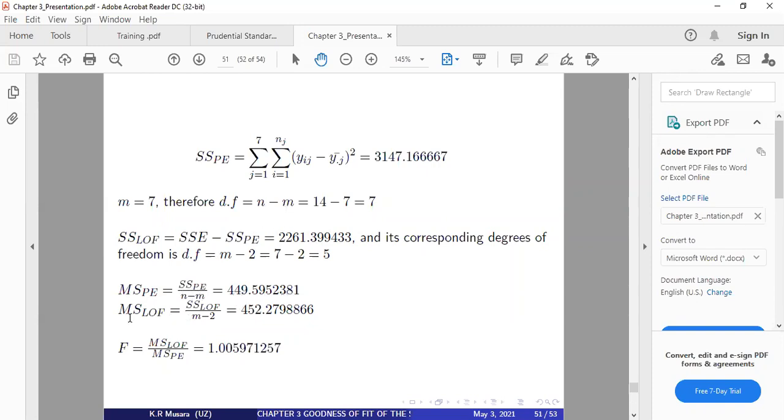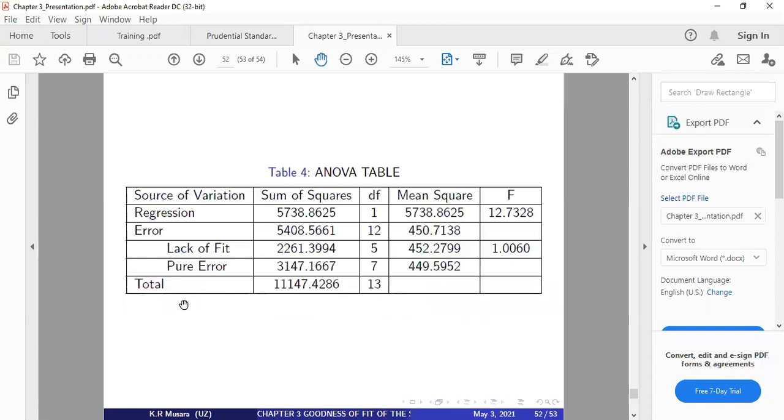Then mean square lof, you divide SS lof by m minus 2. Then F is MS lof divided by MS pure error, you get 1.00. That's the one for lack of fit. Then you construct the table that includes the ANOVA table for the regression and for the lack of fit.